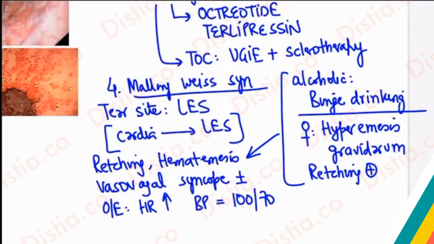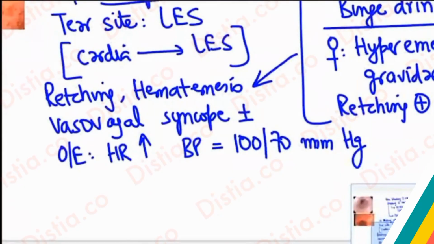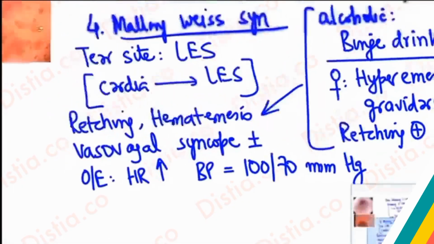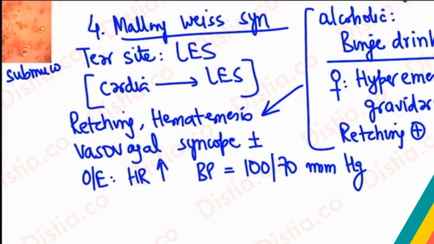So what I'm trying to say is that per se in Mallory-Weiss syndrome, though looking at that blood it might look like it is in very large amounts and the person might even freak out and become unconscious, usually you do not have the person going into shock. Why? Because in this particular case, the tear which is present is submucosal. You do not have direct arterial access, or maybe branches of the artery might be involved.